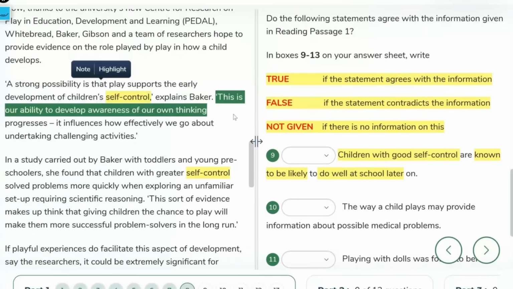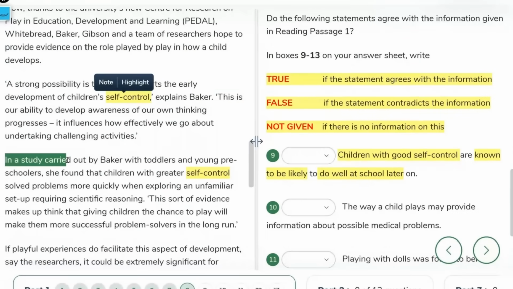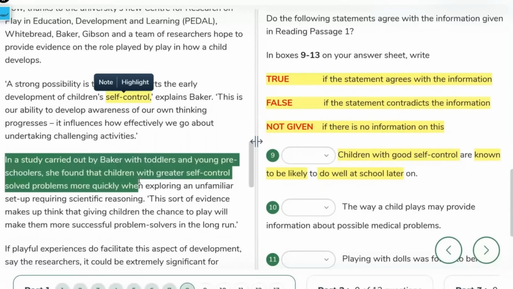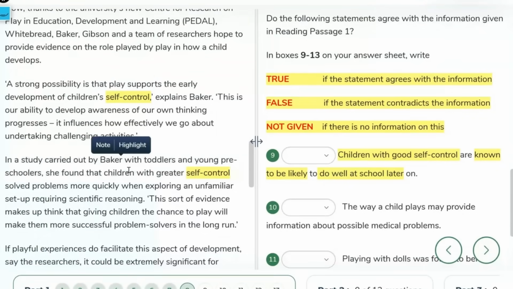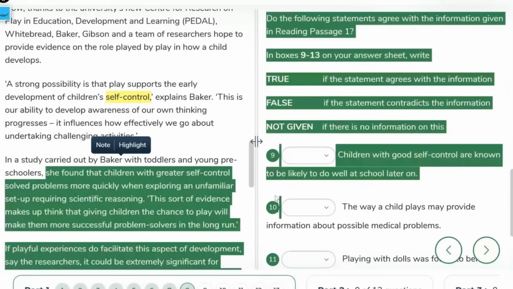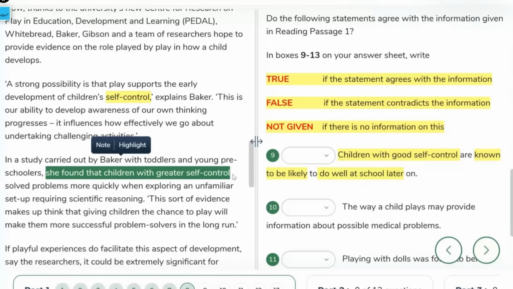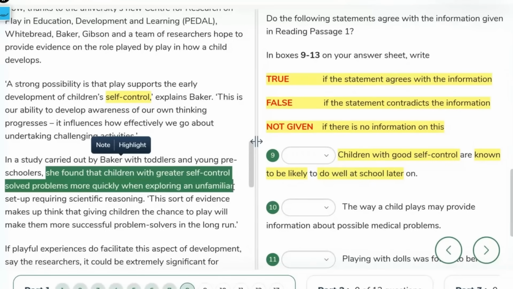In a study carried out by Baker, toddlers and young preschoolers, she found that children with greater self-control, all right, now here, question is children with good self-control. Good means greater. Children with greater self-control solve problems more quickly when exploring an unfamiliar setup requiring scientific reason.